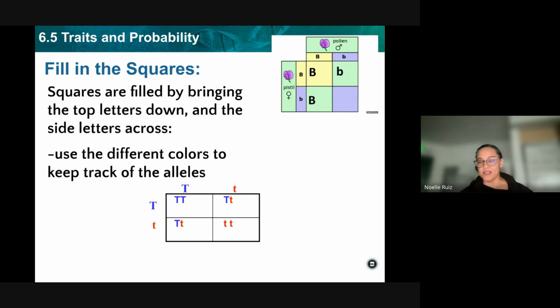Well, we'll get there, Alex. Yes, they're only going to inherit one of the boxes. But what does each box mean? So doing the Punnett square is only half the battle. Now you have to interpret the Punnett square.